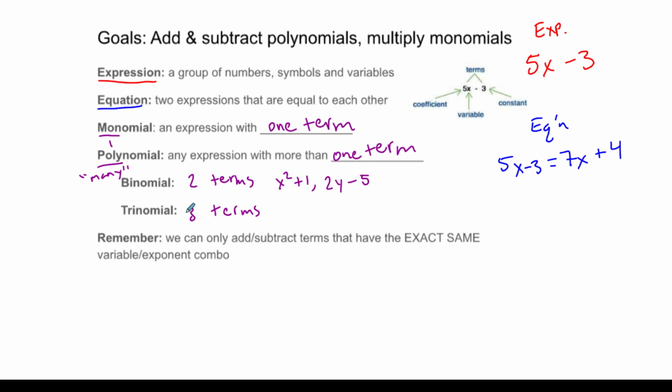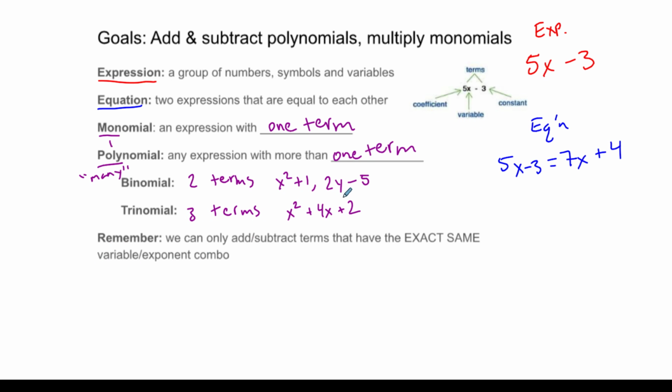And most of the things that we're really going to specialize in understanding and breaking down are usually going to be in the form of binomials or trinomials, right? But all of them are polynomials, any expression with more than one term. So a trinomial, I don't know, x squared plus 4x plus 2. There's a polynomial with 3 terms.